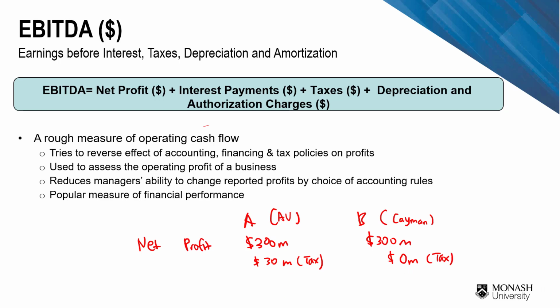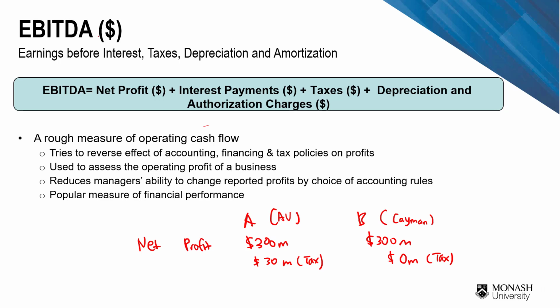So company A is actually making a bit more money, because after taking into account the taxes, you still have 300 million. Whereas company B in Cayman, which does not pay taxation, is still earning the same, which is 300 million.